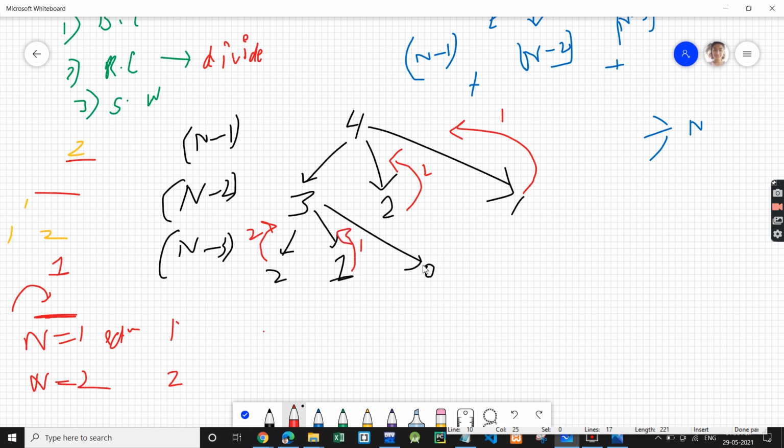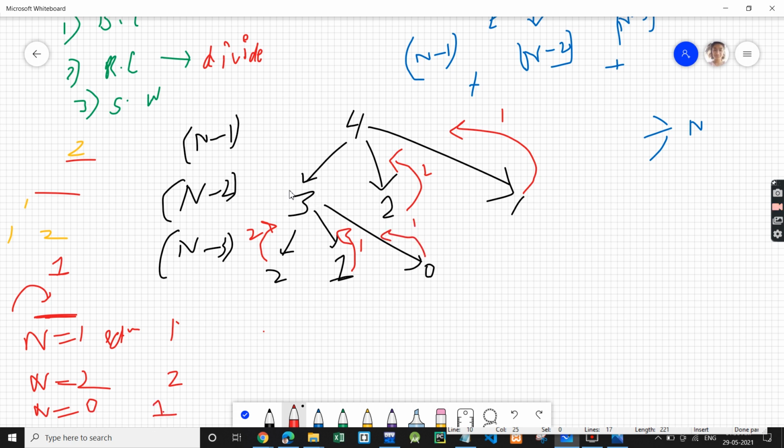Now let's think for 0. If we have 0 stairs, if we have no stairs, what is the number of ways we can reach that 0th stair? There is only one way, right? We will do nothing. That is only one way. Hence, for n is equal to 0, we will return 1.